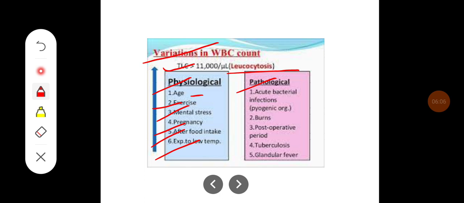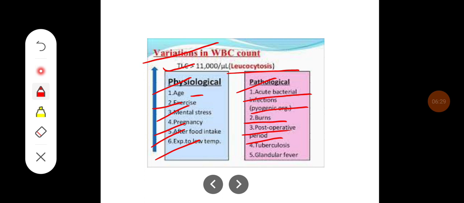Some of the pathological causes, like acute bacterial infection or pyogenic infection, increase the WBC count. In acute bacterial infection, usually the neutrophil count increases. Burns, then the post-operative period, because of the tissue injury or tissue inflammation, will lead to an increase in the WBC count.